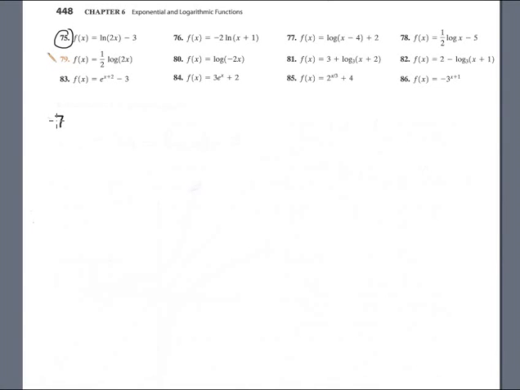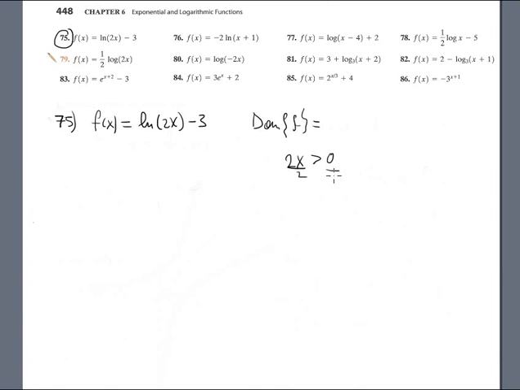Okay, we continue doing the homework for section 6.4, in this case problem 75, which is f of x equals ln 2x minus 3. It's obvious that the domain of f is the expression inside the logarithm, which must be positive.